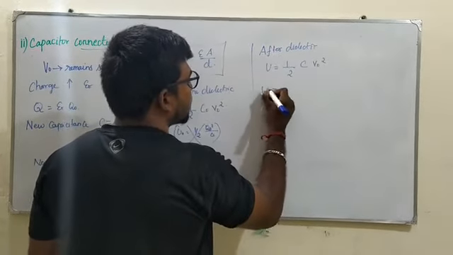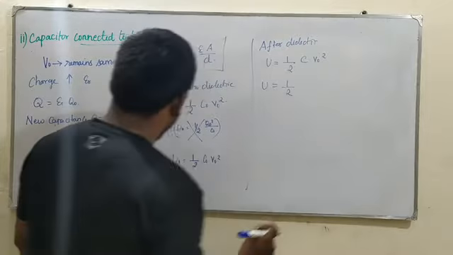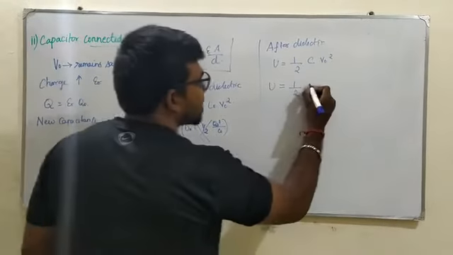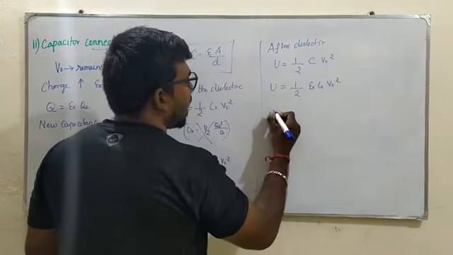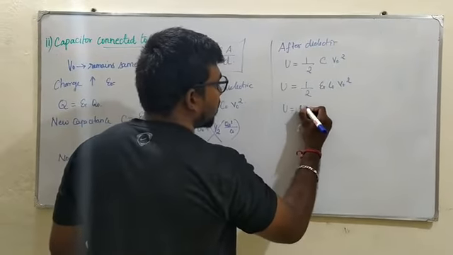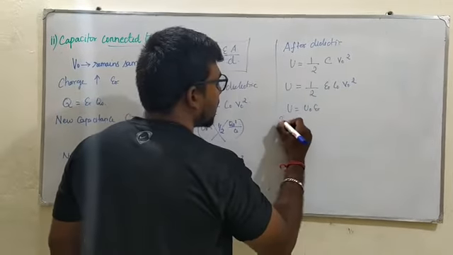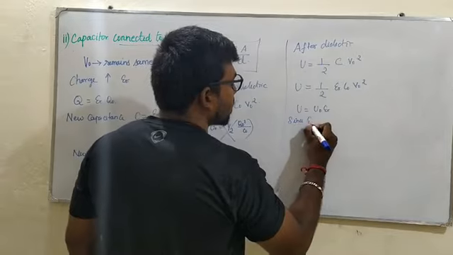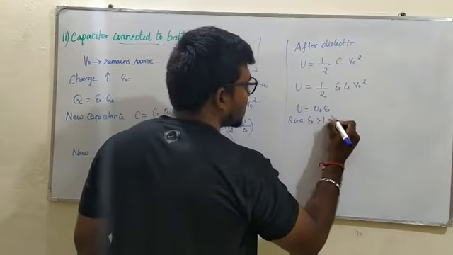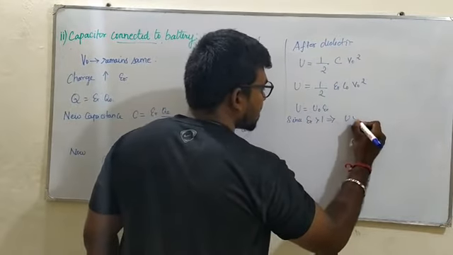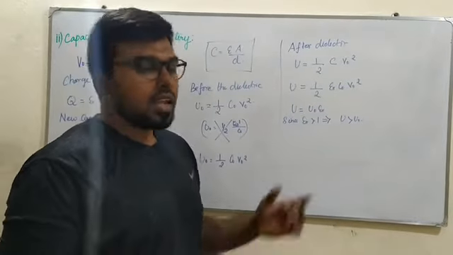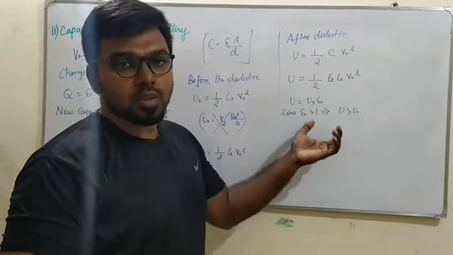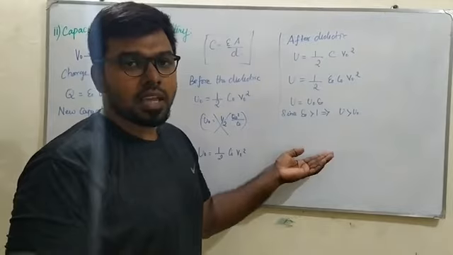We know that C can be written as epsilon r C naught, so U can be written as U equal to U naught into epsilon r. Since epsilon r is greater than 1, U is greater than U naught. So when the battery is connected, the energy stored in the capacitor increases.